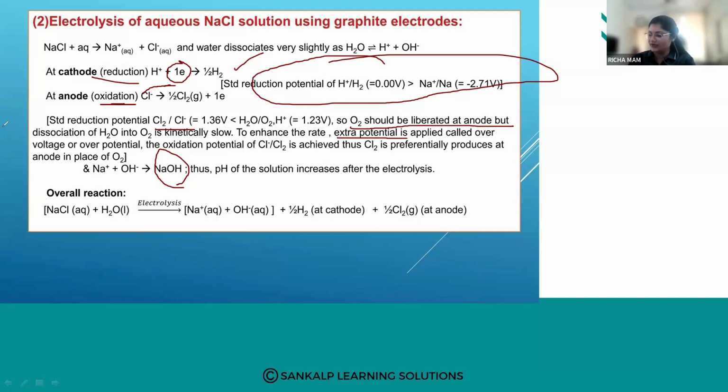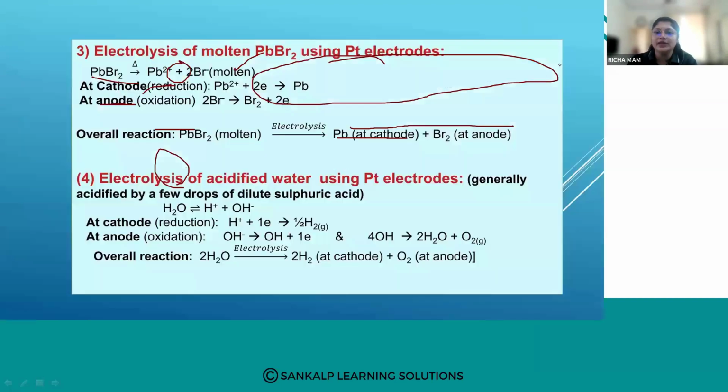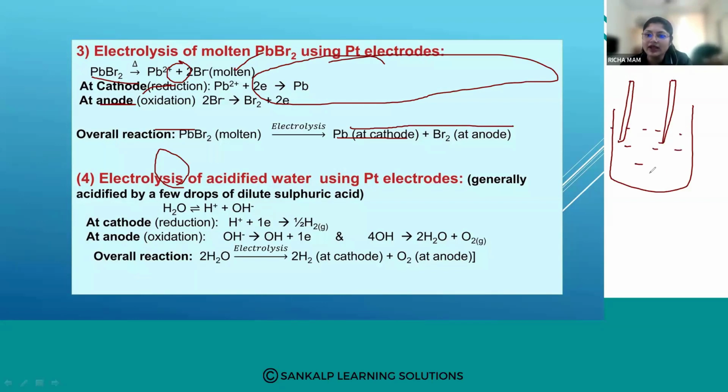In the same solution, if I consider a beaker and I have two electrodes, and what I am having is NaCl.